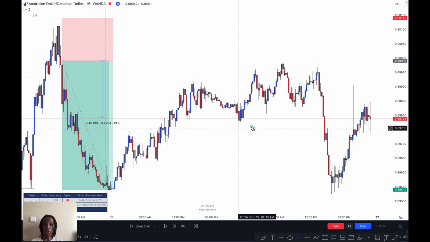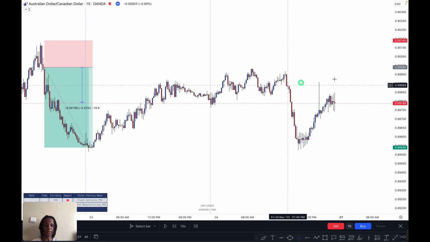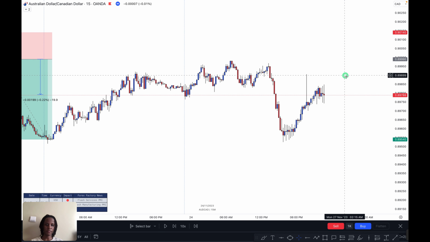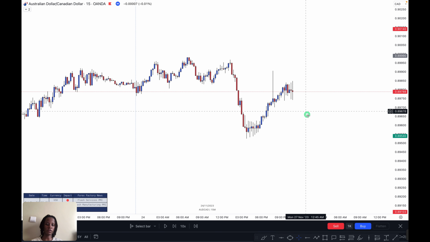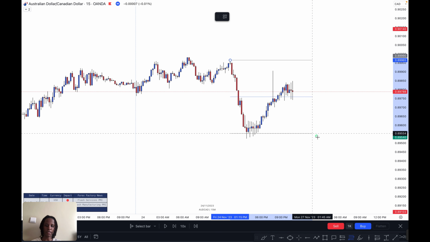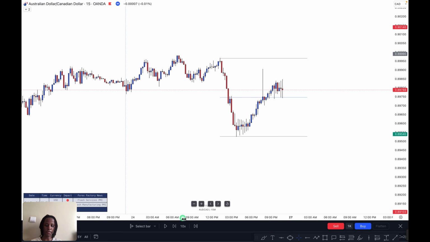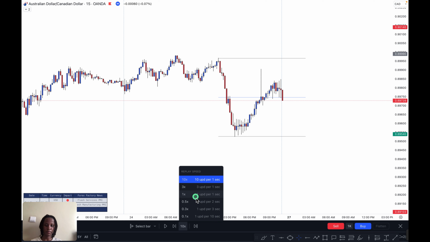If you go back, you can see that daily was actually still in premium. So again, we draw our dealing range. It took this liquidity, so it makes our dealing range high, and this is our dealing range low.